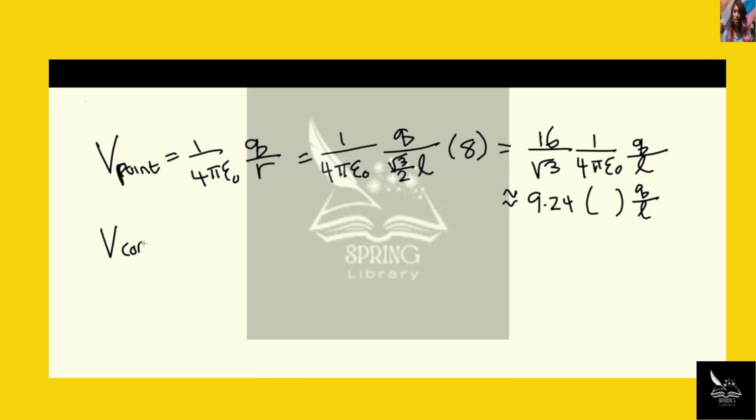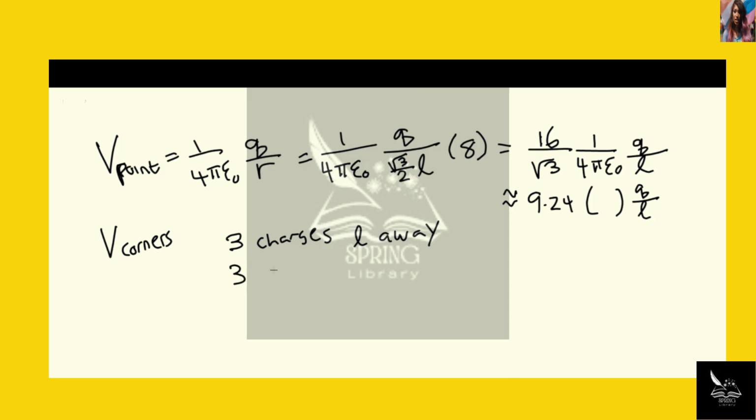What about the corners? So for corners, this is a little bit trickier. For any corner we choose, we have 3 charges that are a distance l away.